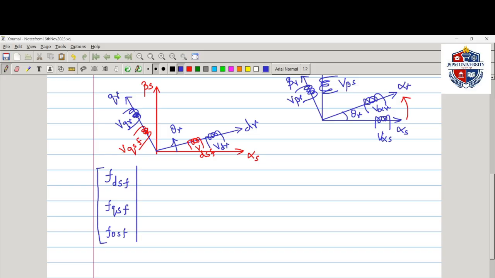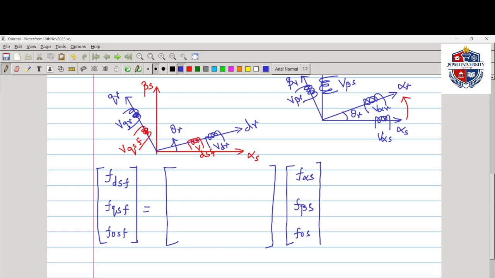You can choose any one, voltage or current. That's why I have chosen the variable F, and now we can write it with respect to F alpha S, F beta S, and F naught S.